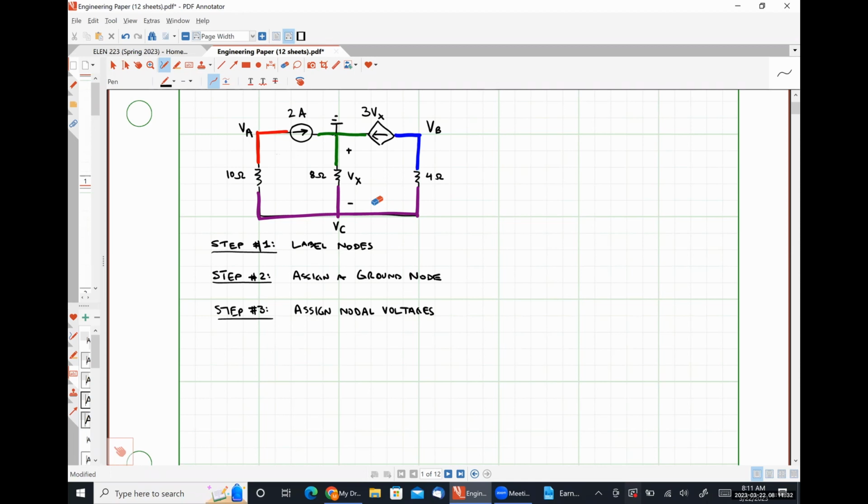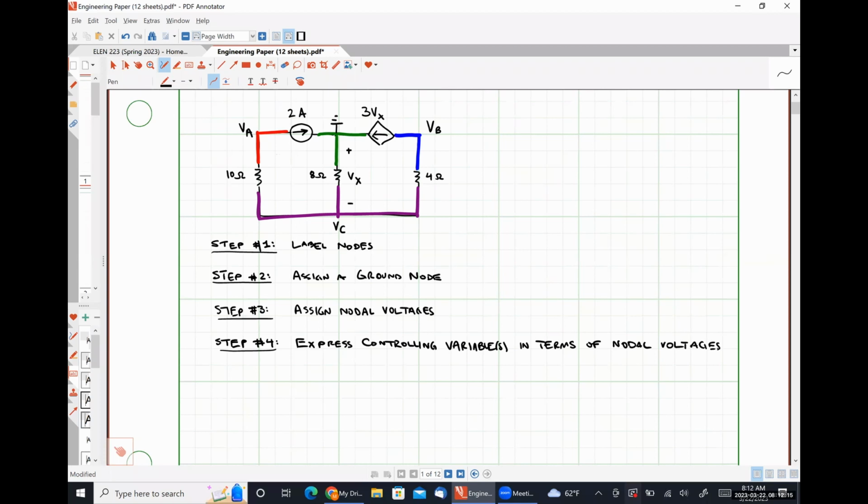Okay, so my fourth step, and this is only going to be step number 4 if there is a dependent source, is to express my controlling variables in terms of my nodal voltages.